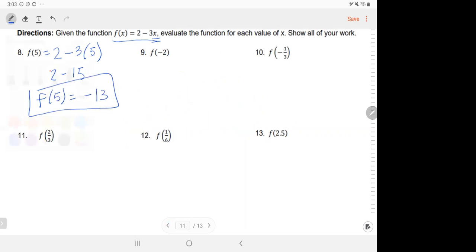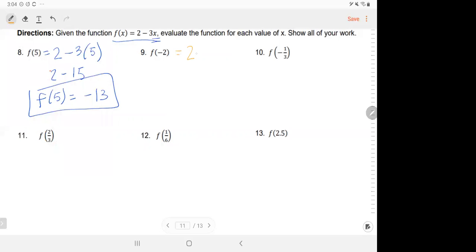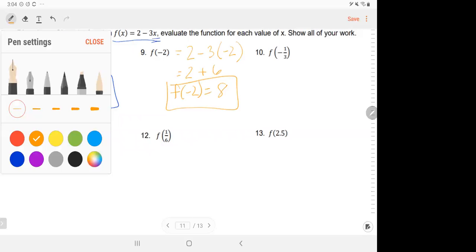Okay, f of negative 2, I'm going to plug that in for x. So 2 minus 3 times negative 2 will give me 2 plus 6, or f of negative 2 is equal to 8. So we can keep going and do this for more. I'm going to do a little bit more challenging one.